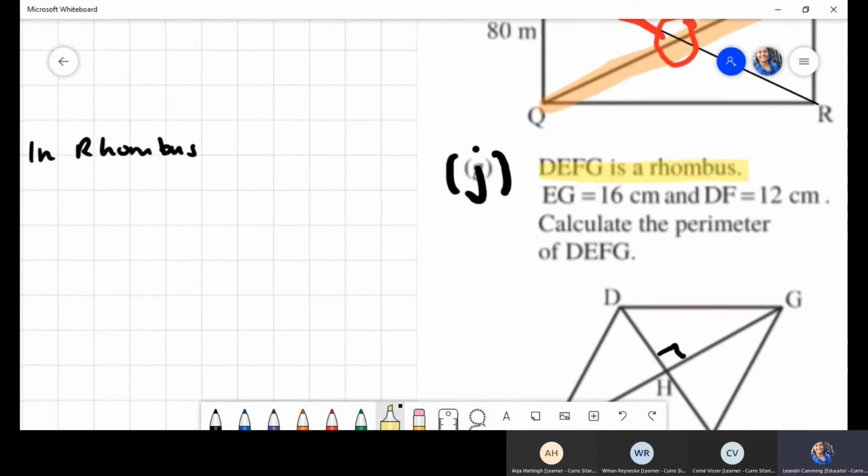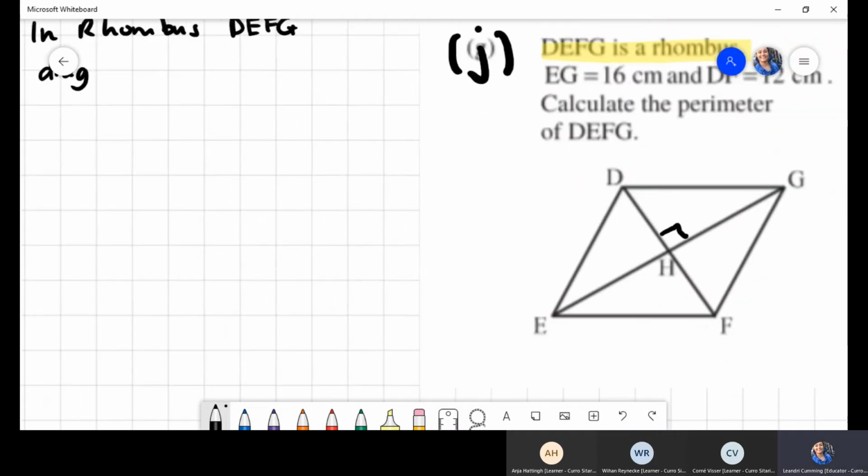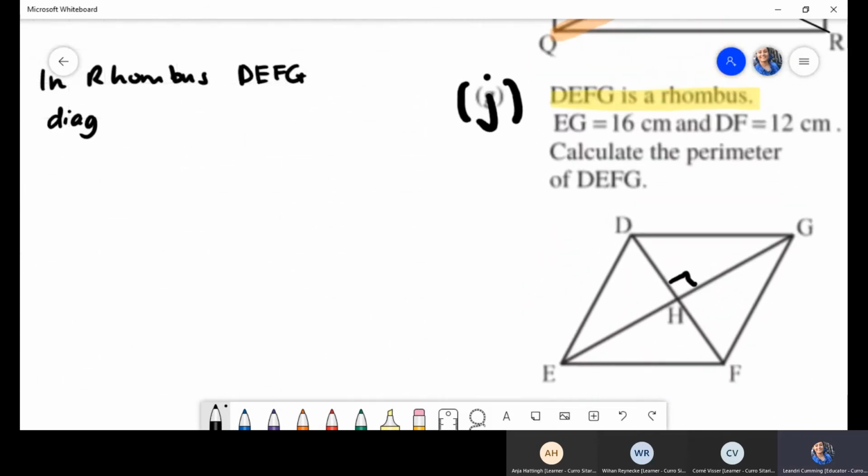What theory may I use from that? I may say that in rhombus DEFG, diagonals, let's name the diagonals DF and EG, are perpendicular. Okay, the fact that they are perpendicular gives me a clue to a 90-degree angle.